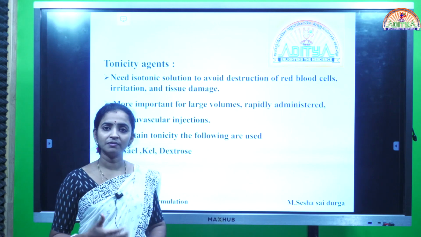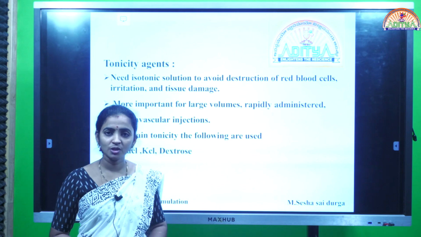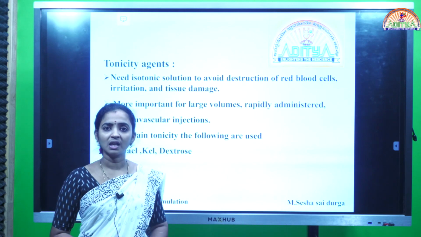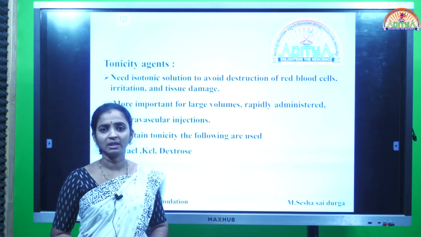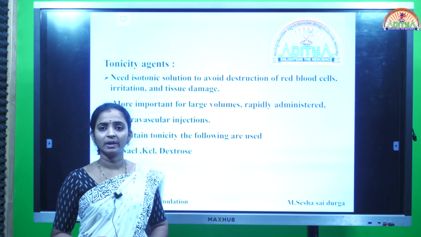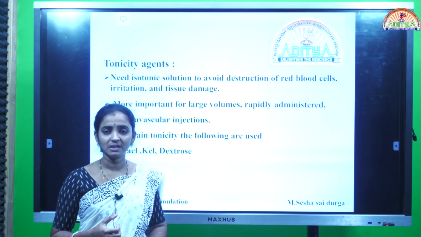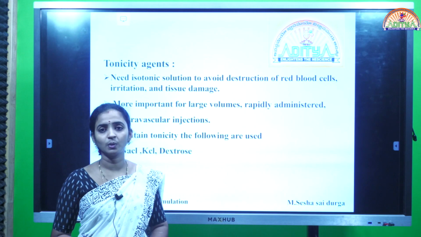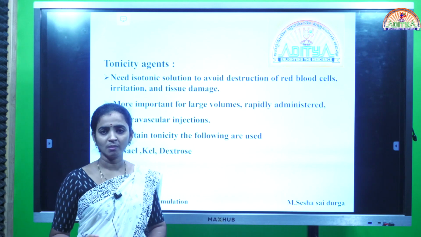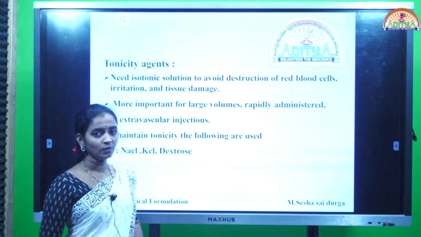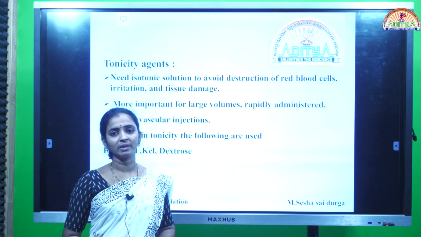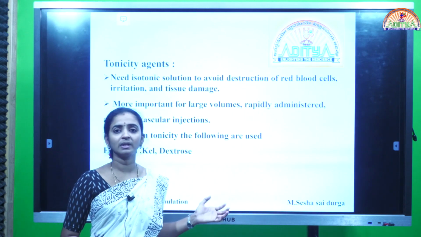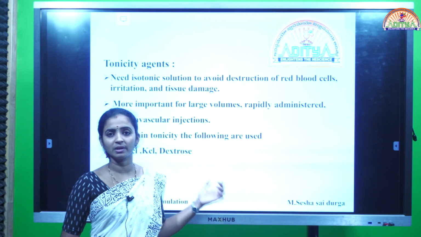In the same way, buffers will be used to maintain the pH of the product, and sometimes we need to include some preservatives where you require preservation from microbes or bacteria or some other pyrogens. So these are the various ingredients generally used to prepare the parenteral products, and this topic comes under the formulation of the parenteral product.